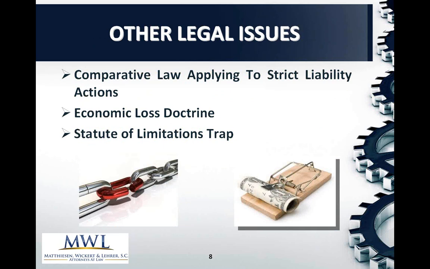Some other legal issues to be aware of. When I talk about strict liability, it essentially means that if you're able to prove that there was a design defect, the manufacturer is the only person liable for that defect. However, some states do apply comparative law, and they look at the negligence of the plaintiff.